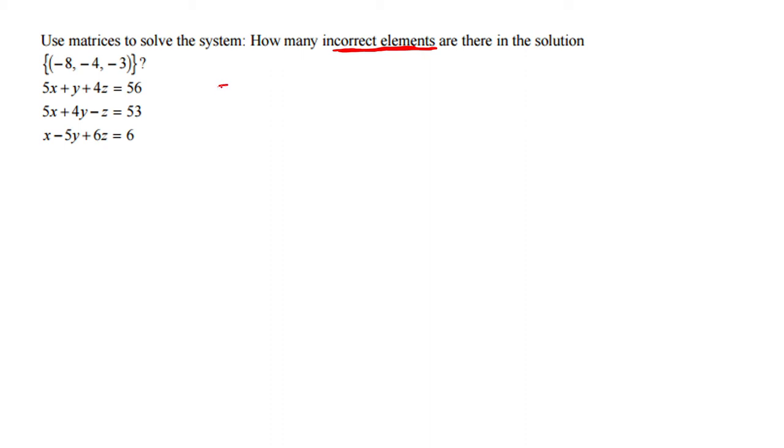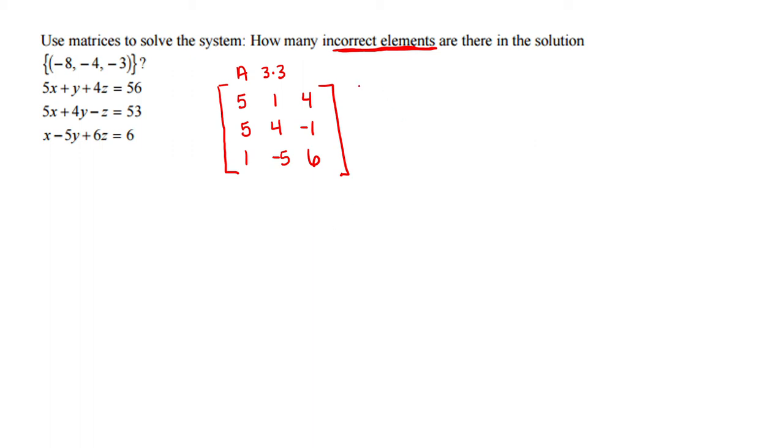Okay, if you haven't already, we need to write the coefficient matrix. Now this is going to be your A, which is a 3 times 3 matrix.